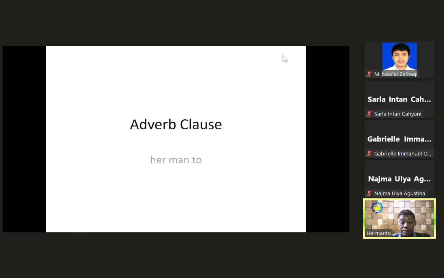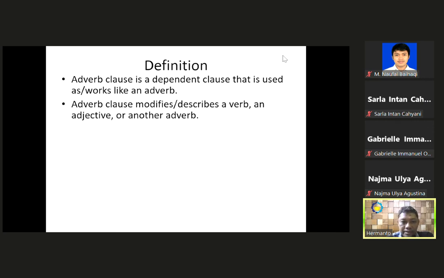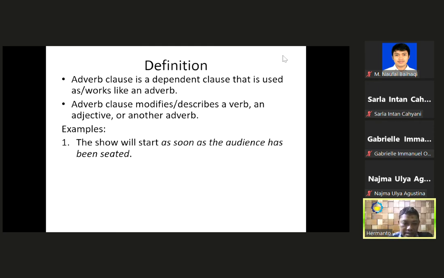What is an adverb clause? An adverb clause is a clause that functions like an adverb. What is an adverb? An adverb is a word to describe another adverb, an adjective, or the verb itself.